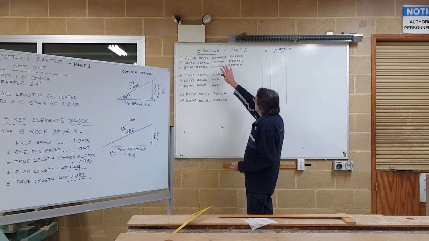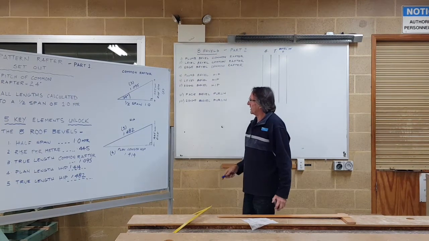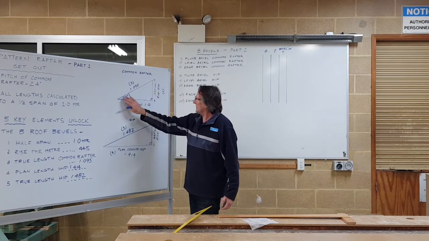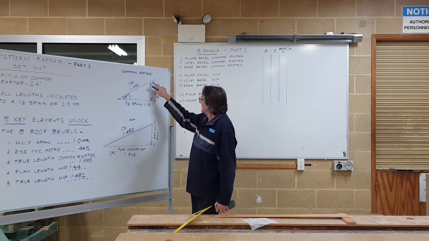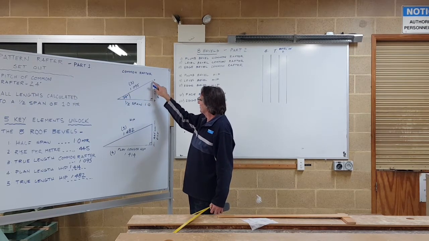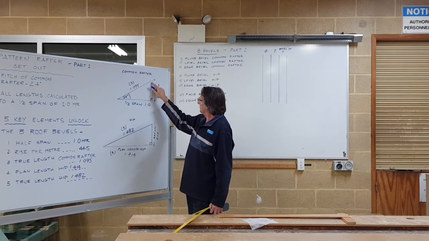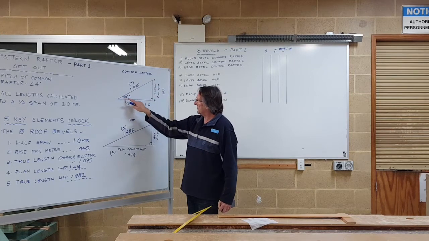So to start with, looking at the plumb bevel common rafter, if we come back into part 1 and look at that representation of the true length common rafter, we can see that that top corner forms an angle between the rise and the slope of the common rafter for the plumb bevel, and it also gives us the level bevel.